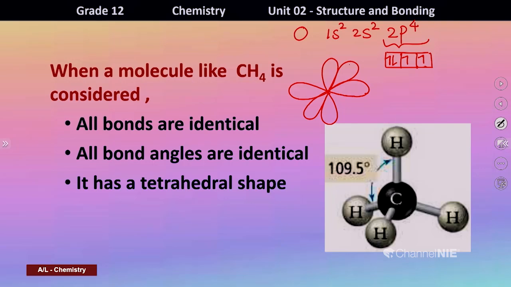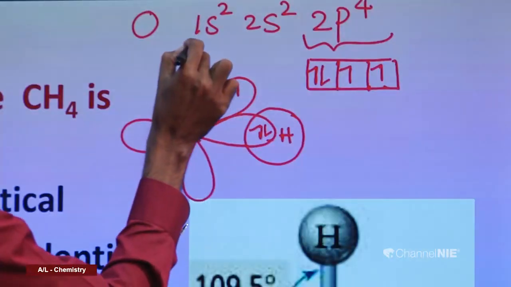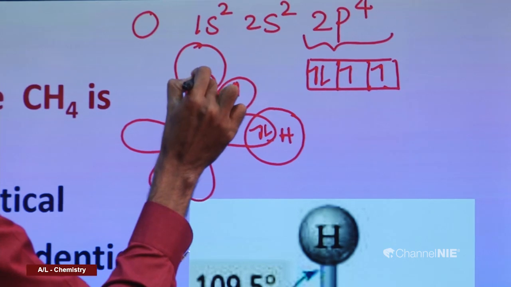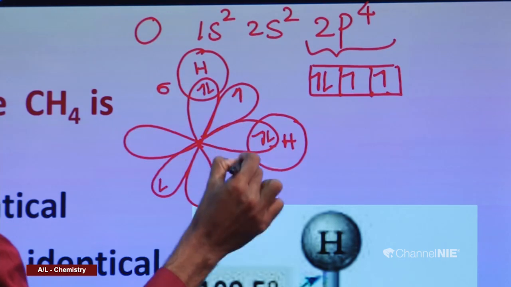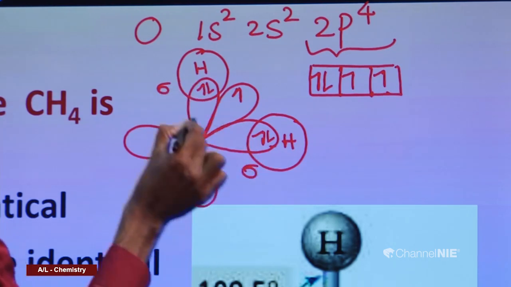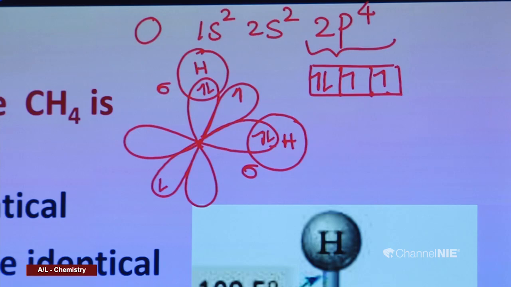Let us say this p orbital is the paired orbital with 2 electrons, and these two are the unpaired orbitals. If hydrogen atoms form bonds in the water molecule, you get these two linear overlappings. So there you get two sigma bonds formed.